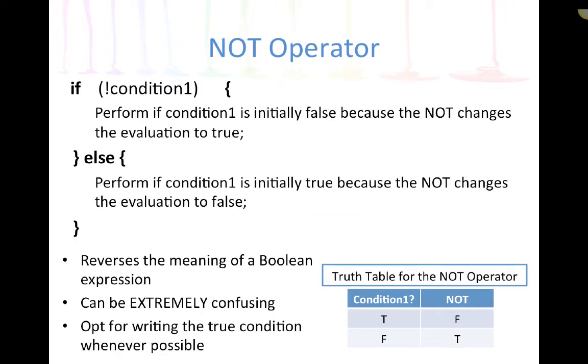Finally, we have a not operator. This is not used that often in practice. We usually try to write the true condition whenever possible, but the exclamation point means that it is a not operator, so it will take the opposite of it. So if condition 1 initially evaluates to false, the not would change it to evaluate to true, and then it would execute what's inside those curly brackets.